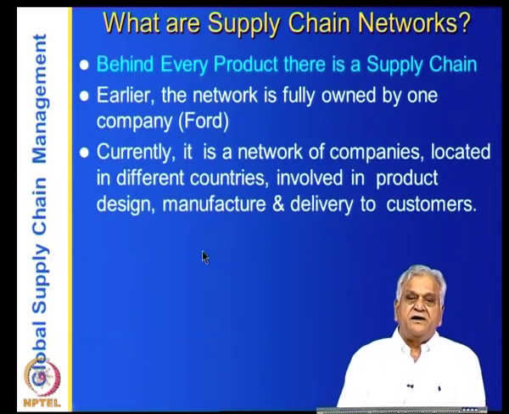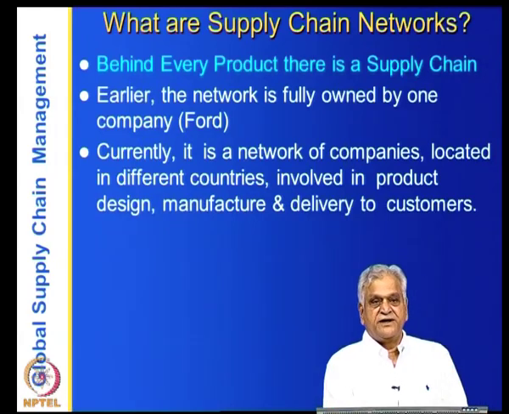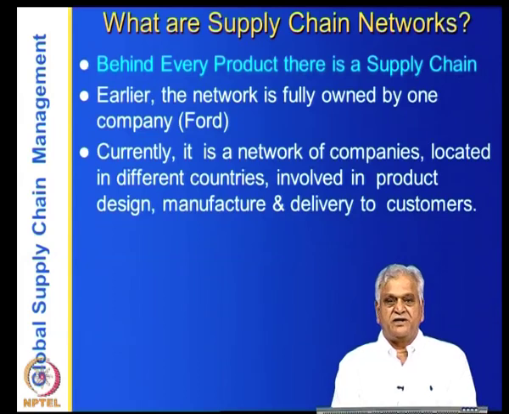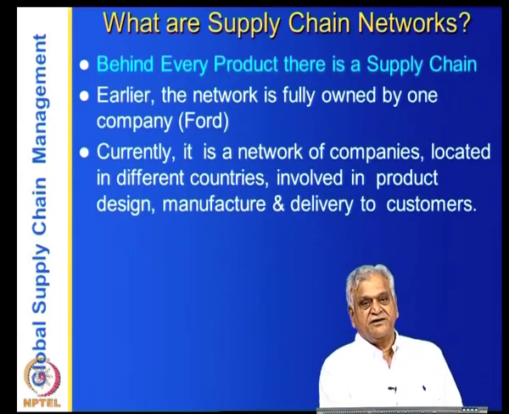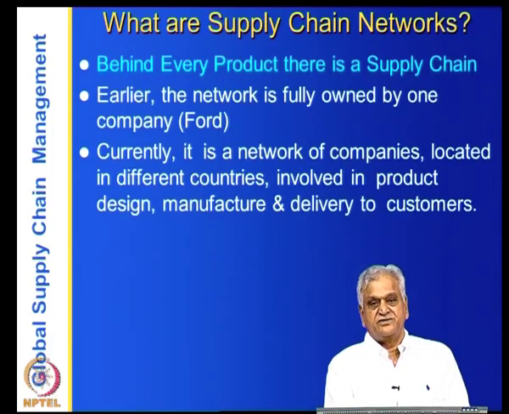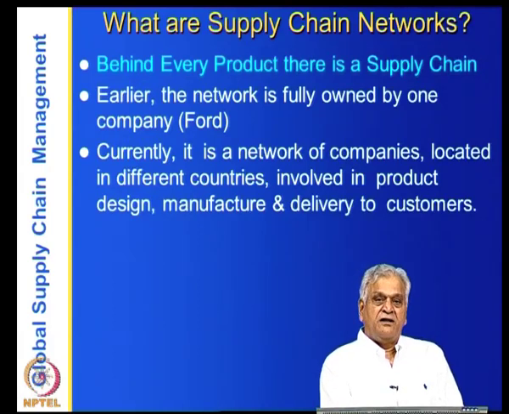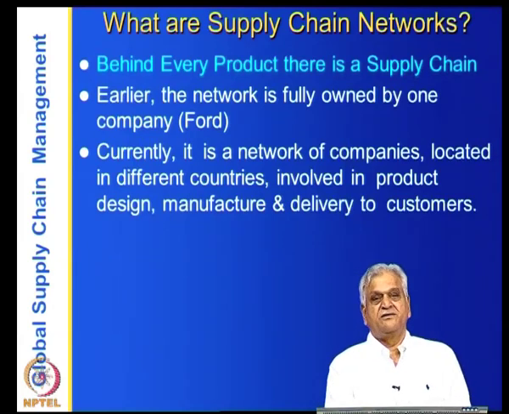So earlier, the network was fully owned by one company. For example, Ford in 1913 used to own the iron ores, then he used to own the ship to carry the iron ore to the shores, then steel plants, the assembly plants, all, and finally till the car goes to the dealer, Ford owned everything.